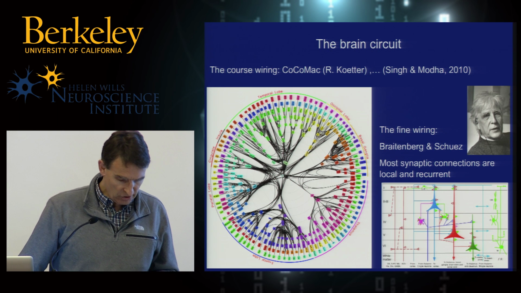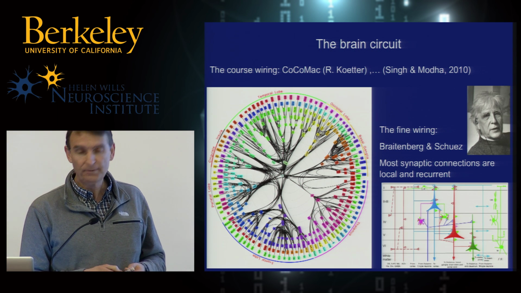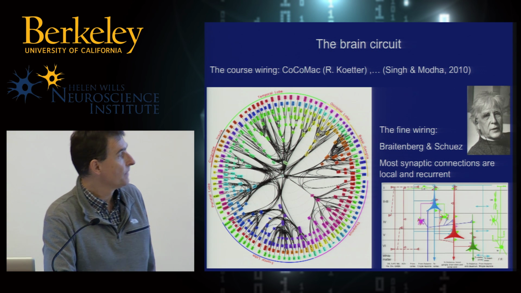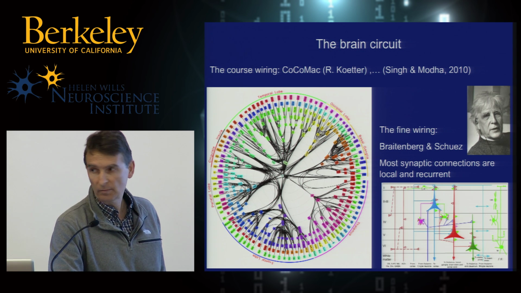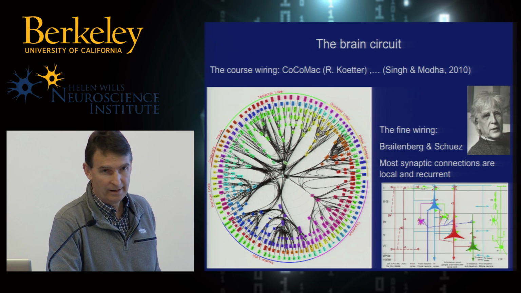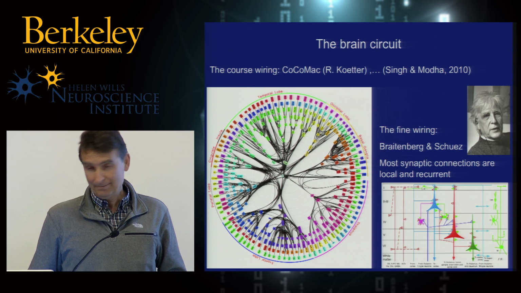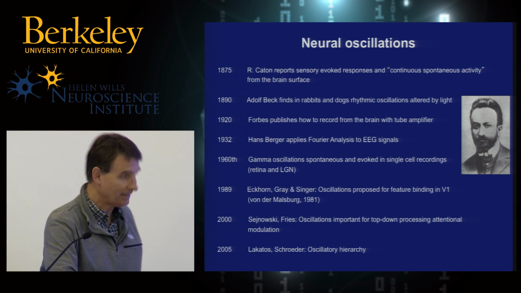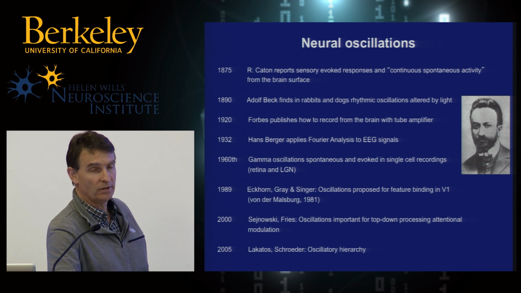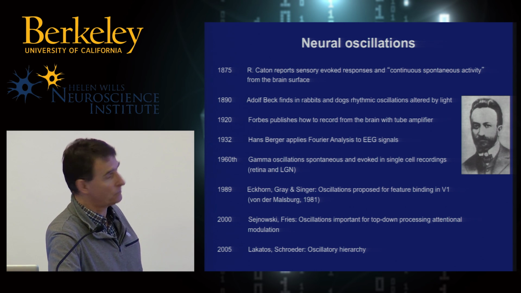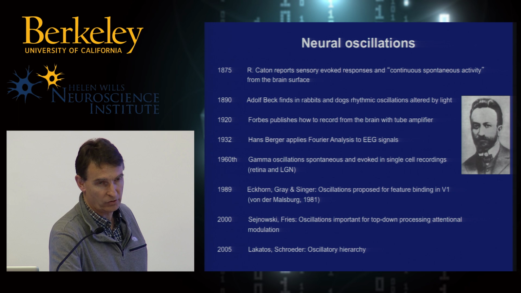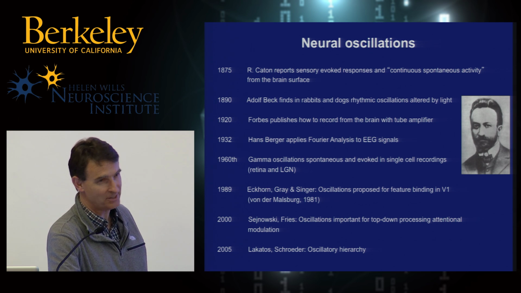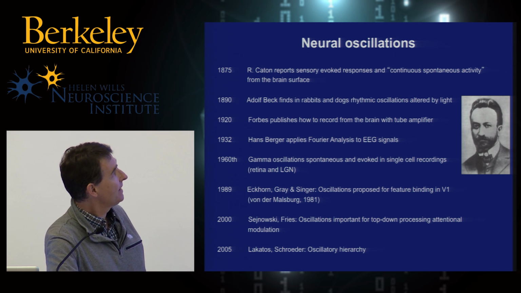So the question is now, if we look at the physiology, are there hallmarks of clock signals? A clock signal is a periodic signal, and it's very interesting that neural oscillations or neural rhythms were observed not in the last century, but in the century before last. In neuroscience, we have this funny situation that we stand on the shoulders of giants who come from the century before last.